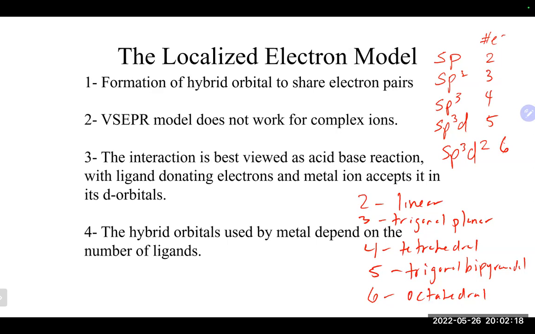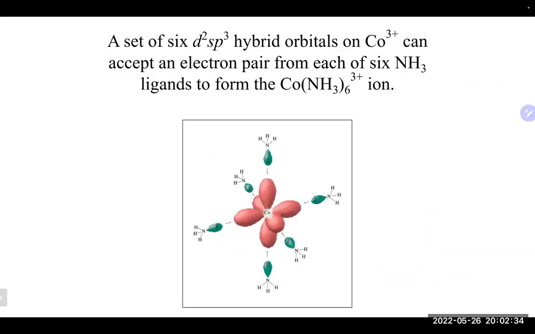Now, although VSEPR models don't really work well for complex ions, as we've been talking about, ligands are considered like Lewis bases. So we look at it more as a Lewis acid-base interaction happening between the complex ion and the ligands. Here is sp3d2, which would be the octahedral arrangement, and typically octahedral goes with a coordination number of 6.